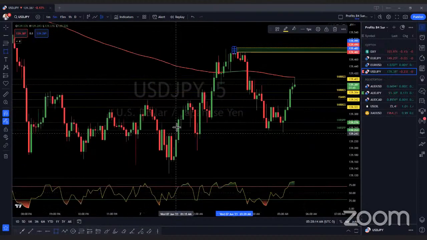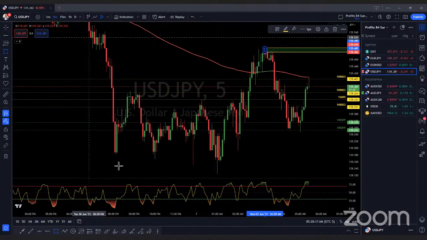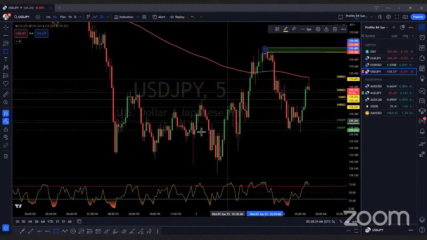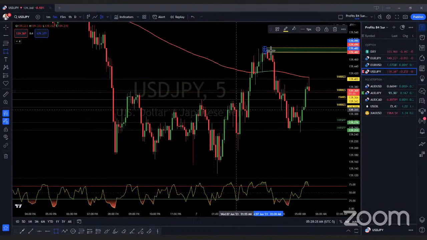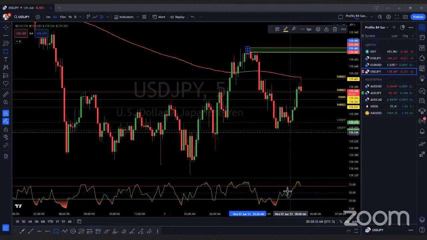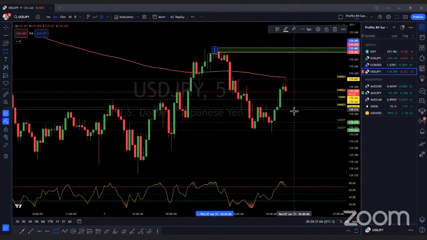All right, look to the left, see what's going on here. So we had a push down, a pullback. We have a major floor for sure down here. And we see the market consolidating, moving sideways, broke out to the upside, tanked. And now we are falling on the 5-minute early before the 5:30 candle.